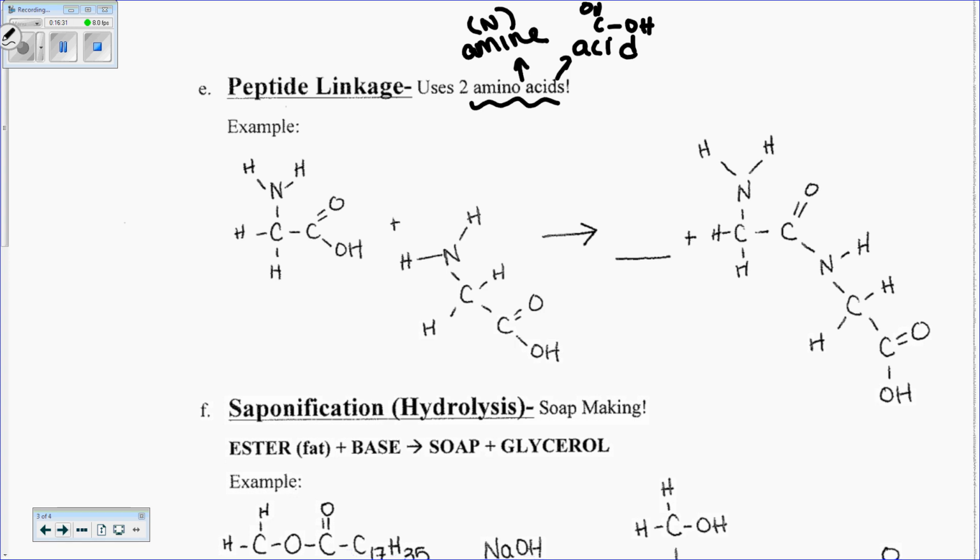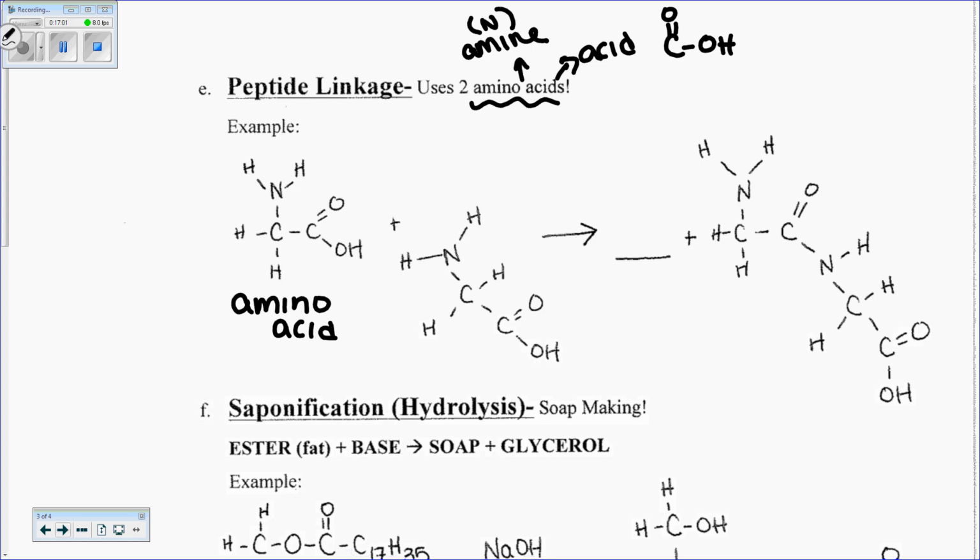Sorry, that doesn't look so good at the top, but acid, I'm going to rewrite that. Acid, C with a double bonded O, and an OH. So I'm going to have those groups in this. So if I look at the example right here, this is my amino acid.